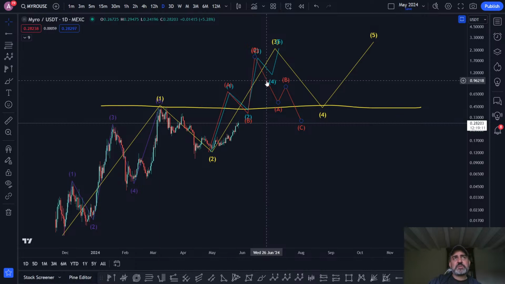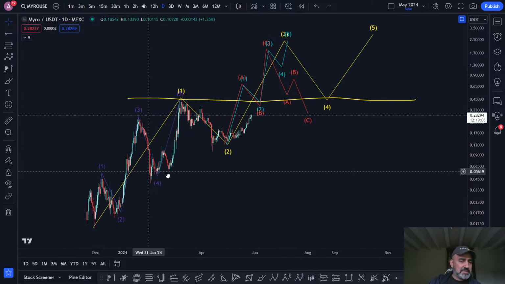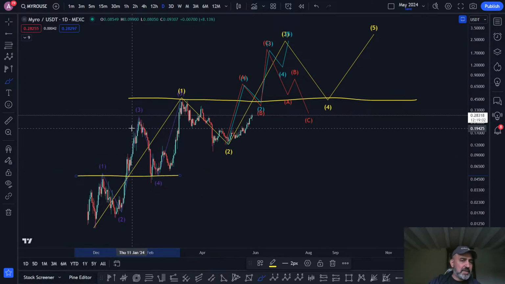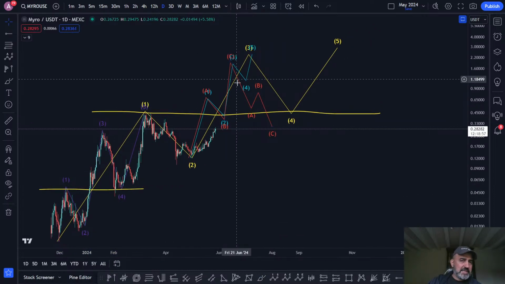And then you have to think to yourself, well, if it's breaking the rules, that means we're not in an impulsive move, because impulsive moves have rules. 4 can't come underneath the 1, the 3 can't be the shortest, etc. When you see these corrections, you're thinking, I thought we were impulsing, but we're breaking the rules. Well, actually, you're not impulsing. You're still correcting.